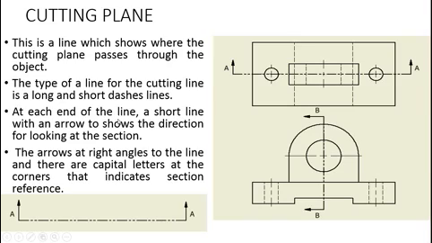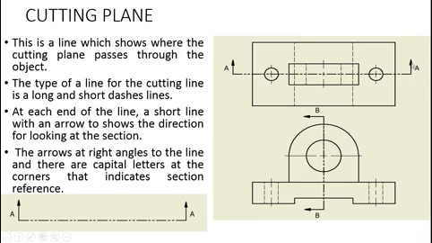Okay, so at each end of the line, a short line with an arrow is shown. This arrow shows the direction of where you will be looking at your drawing. In this case, let's look at the drawing on your right here, the top one.